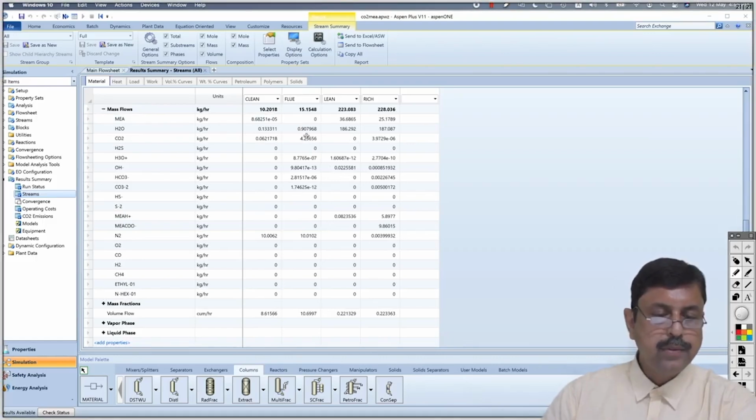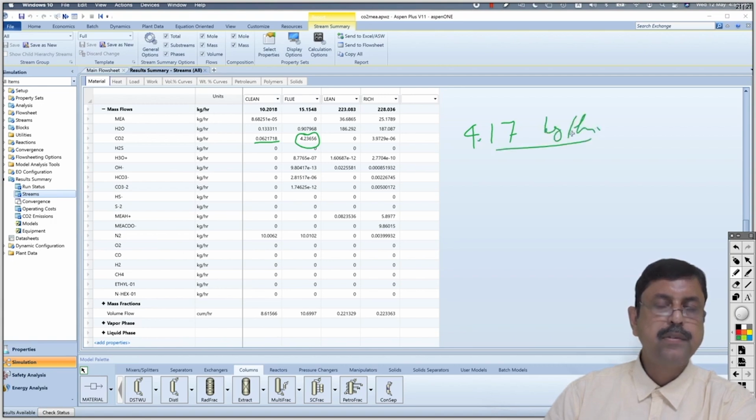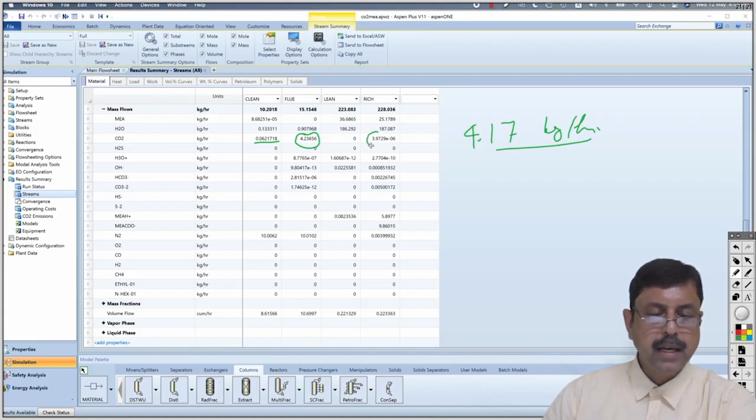In the flue gas we had 4.23656 kg per hour of carbon dioxide, and in clean gas it is 0.062 kg per hour. So almost 4.17 kg per hour of CO2 has been taken by the amine. But in rich amine, we have a very small amount of CO2.